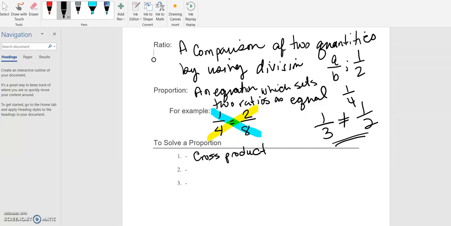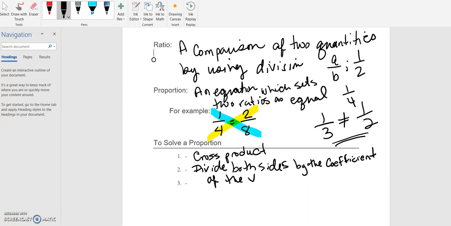The second thing that we're going to do is divide both sides by the coefficient of the variable. Now, what do we mean by that?